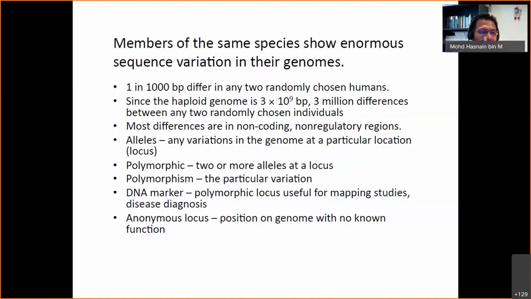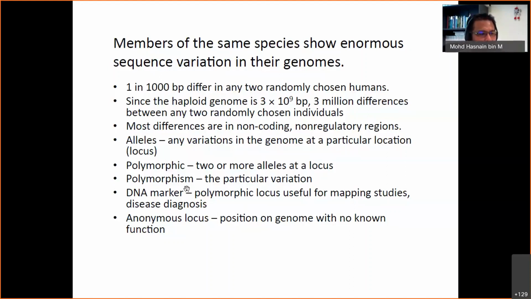So this is a polymorphism, because it is 2 or 3, so it is polymorphic. A region that has polymorphism can be used as a marker in a study to see differences between different individuals. In you there may be 2 and 3, in another individual 2 and 2, in another 3 and 4, for example. So this particular region can be used as a marker.